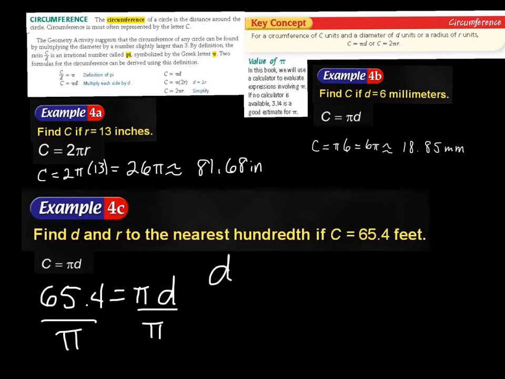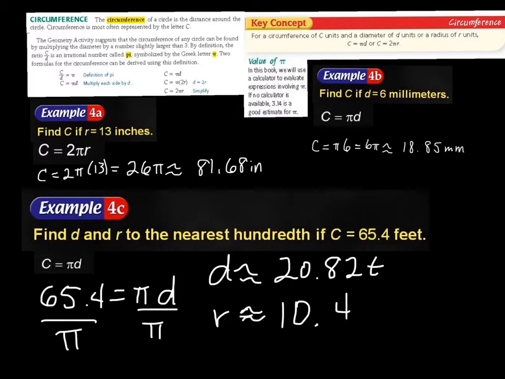So I get the diameter is about, rounding to the nearest hundredth, 20.82 feet, and radius is half of diameter, so it should be approximately 10.41 feet.